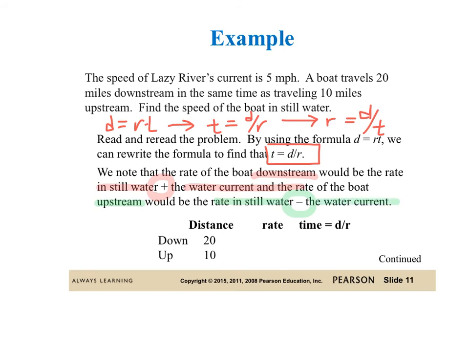And the thing that we know is that going downstream, the distance was 20 miles. And going upstream, the distance was 10 miles. What we're trying to figure out is the speed of the boat in still water. So we're looking for rate.